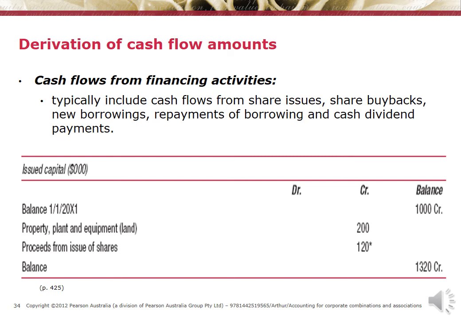So we needed to figure out via a ledger reconstruction what the proceeds of issues of shares were, or I guess we could have figured this out without a reconstruction because it's the only difference between the opening and closing balance of issued capital, as the other 200,000 was due to that land acquisition, which is paid for from issues of shares. That was told to us in additional information A, and we looked at that in the previous slide with our property, plant and equipment reconstruction.